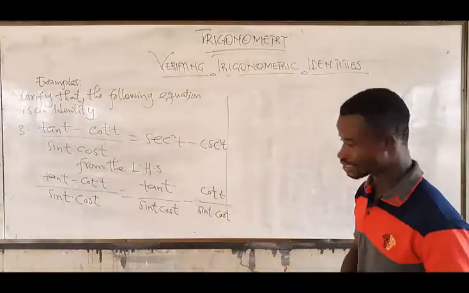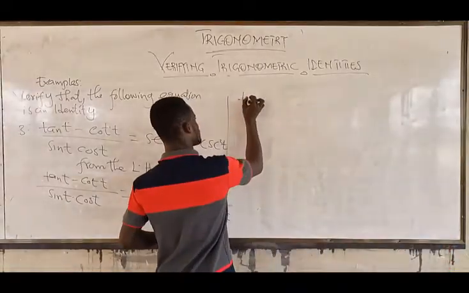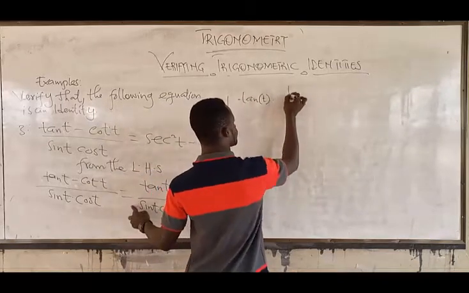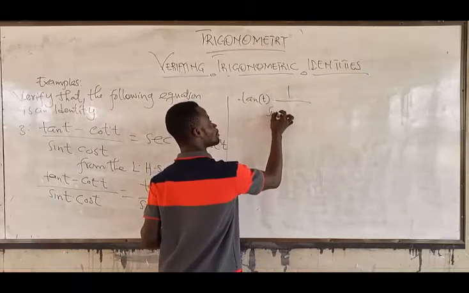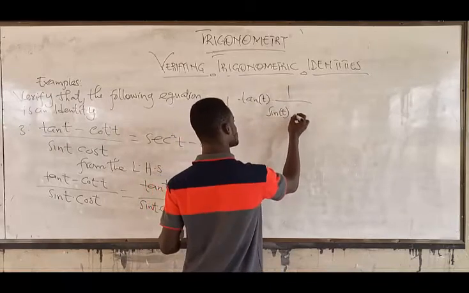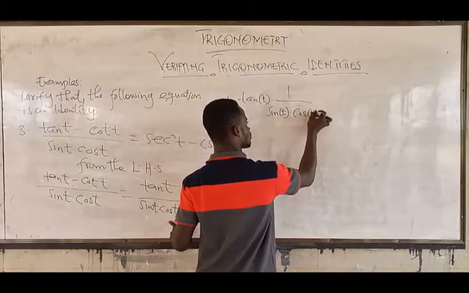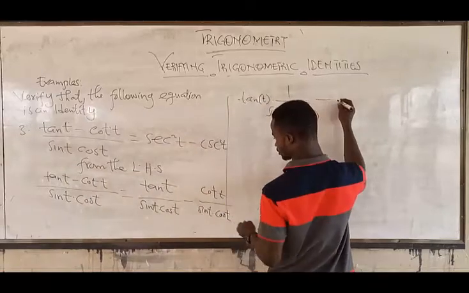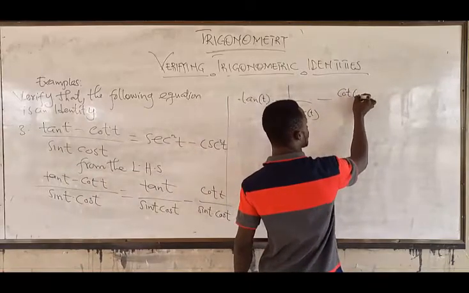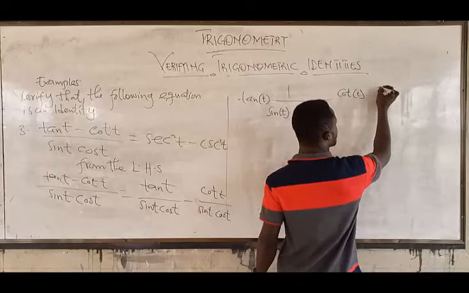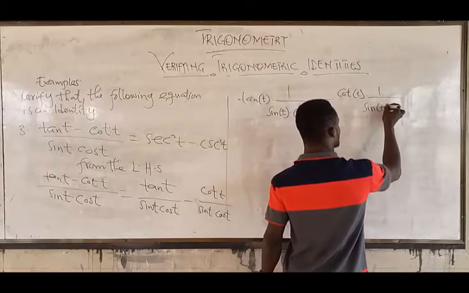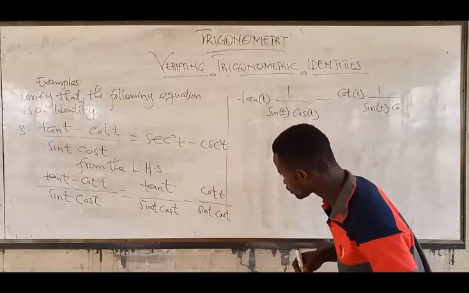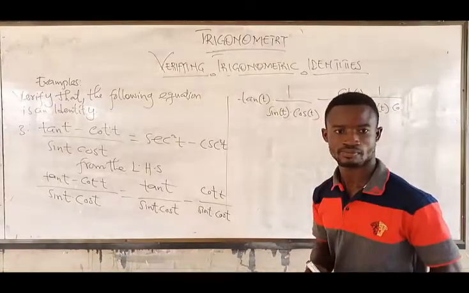And that is going to be tan T will multiply 1 over sin T cos T minus cot T times 1 over sin T cos T.